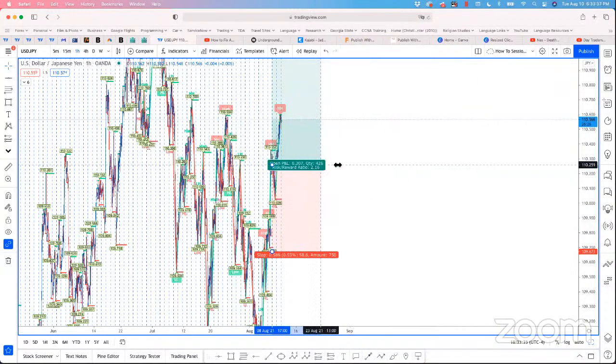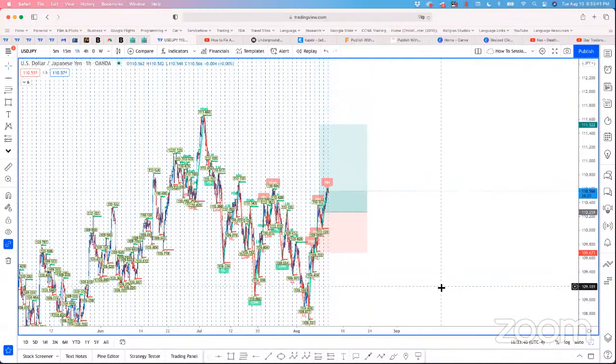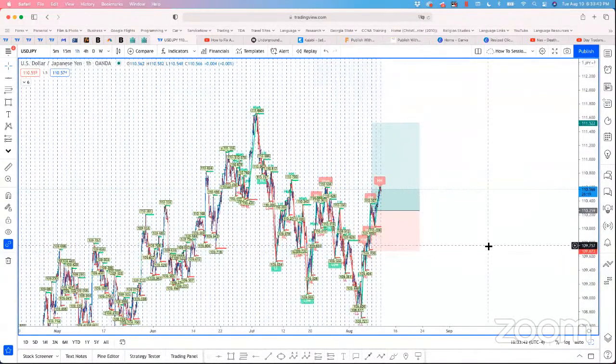And then the other one I got in on this morning was GU.